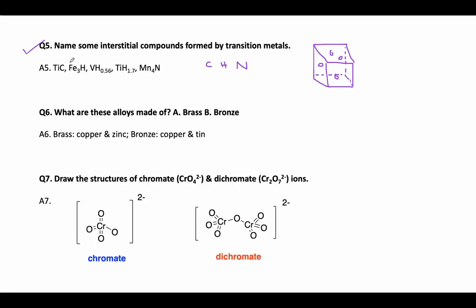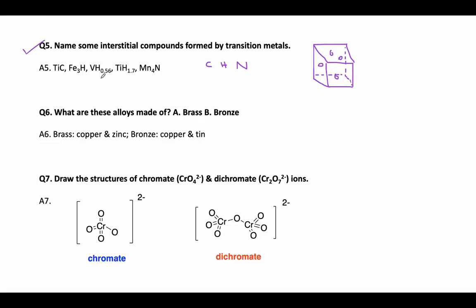Nor in this case is iron having an oxidation state of plus 1.3, nor is titanium having a plus 1 or plus 4 oxidation state. So these formulas do not correspond to any normal oxidation state of the metal.